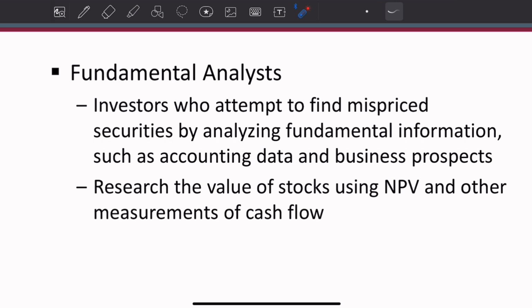They try to dig deep in the documents and all of the information they can find about the company itself, about the sector that it operates in, about the economy, and compile all of this information together and try to scientifically come to a conclusion about the actual fundamental worth or the intrinsic value of a certain stock, and then determine whether they want to invest in that business or not.